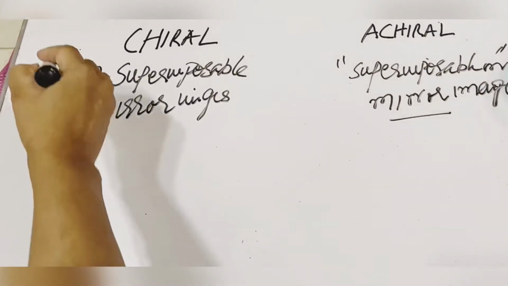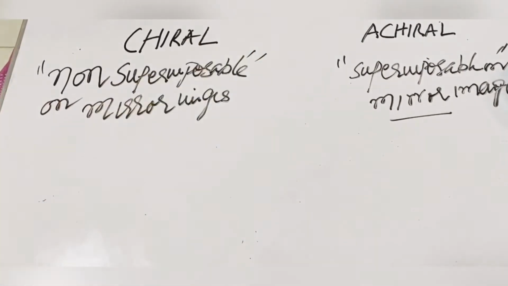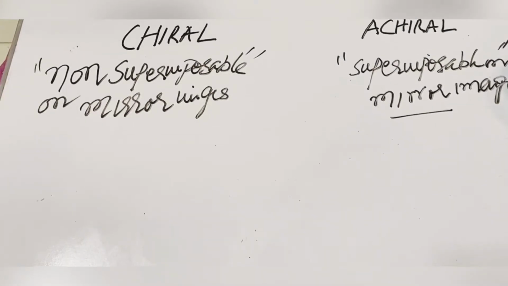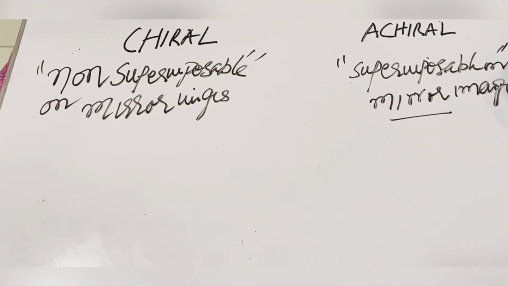First of all, you should know what is the difference between chiral and achiral objects. And of course, chiral compounds, chiral molecules are asymmetric in nature. That is, the central carbon atom is attached to 4 different groups, which I have explained to you in my previous lecture.